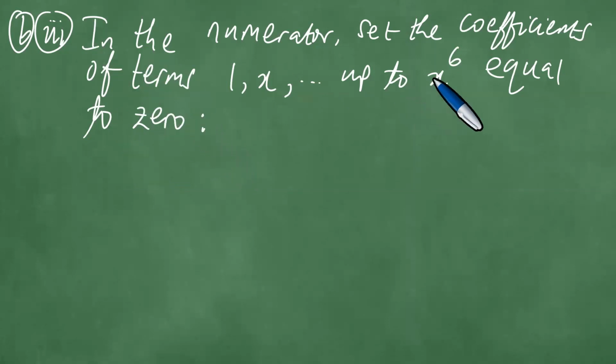Right. So in the numerator, set the coefficients of terms 1, x, x squared up to x to the power 6 equal to 0 in the numerator.